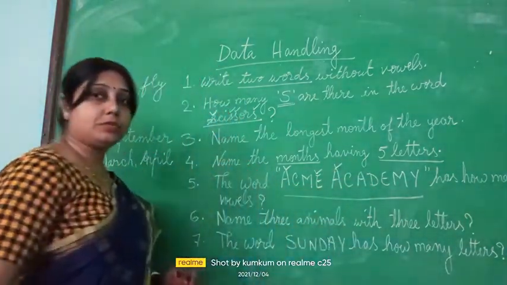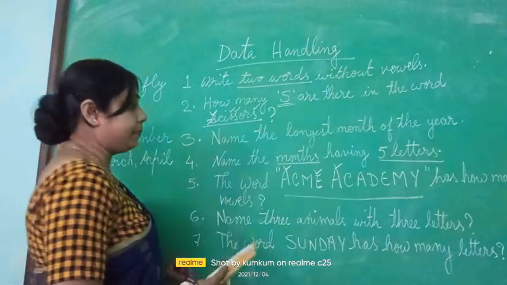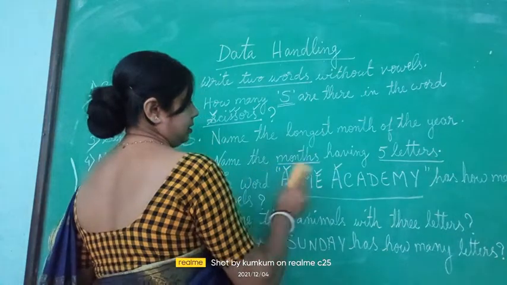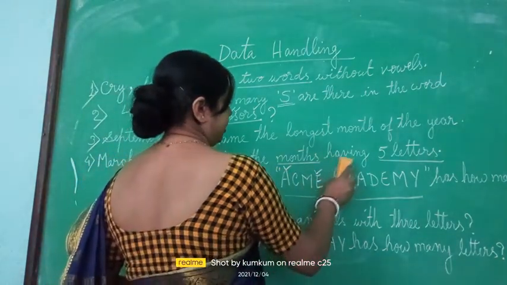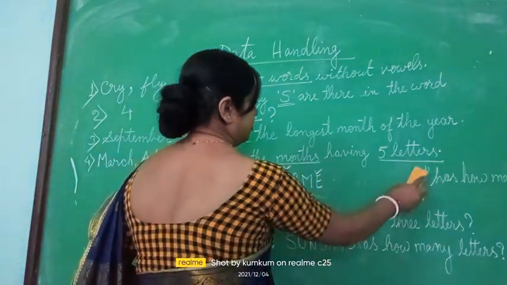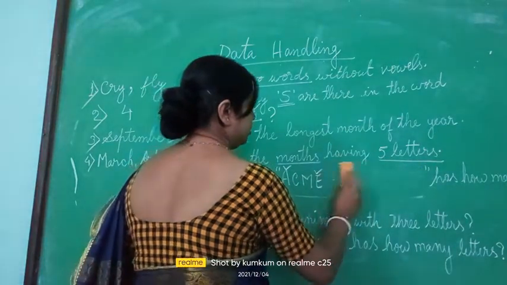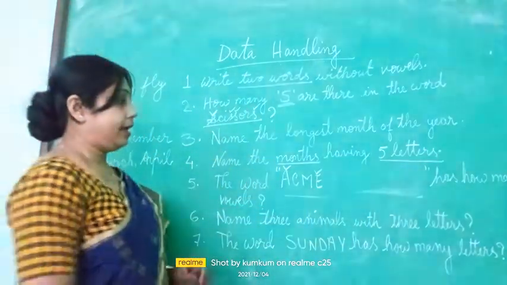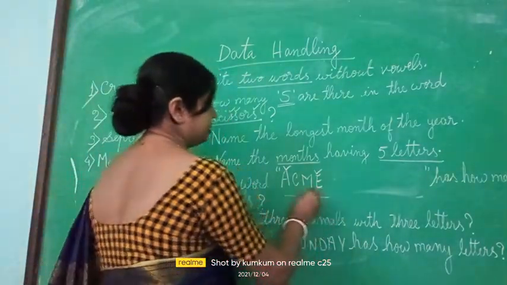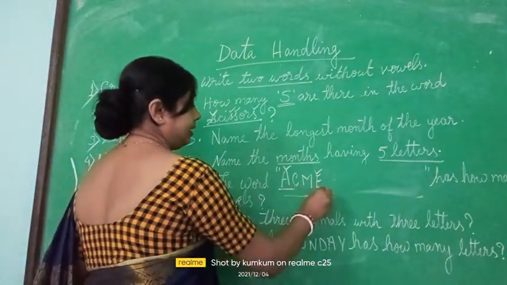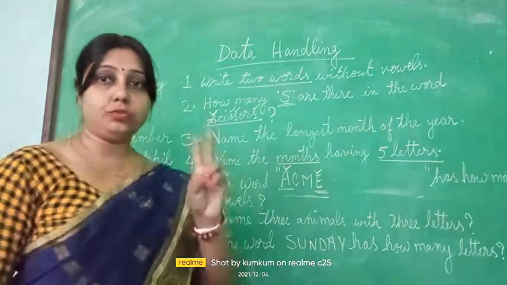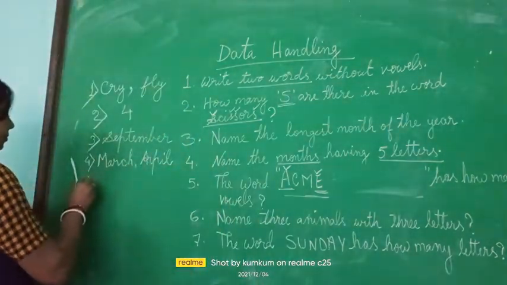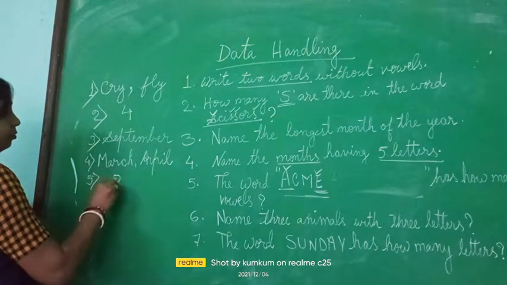If you are reducing the question, the word acme or the word academy, you may make it acme. The word acme has how many vowels? So A and E. The 2 vowels are used here. So we can make the answer 2.